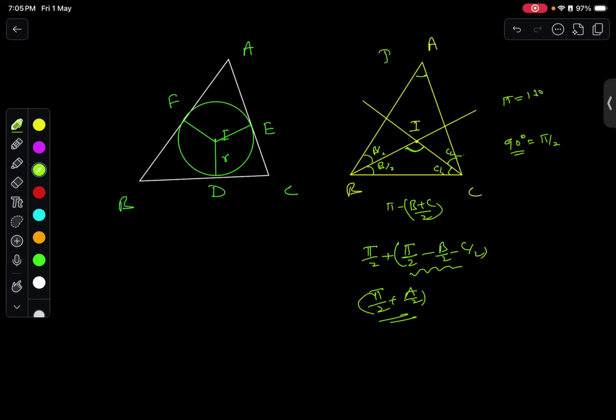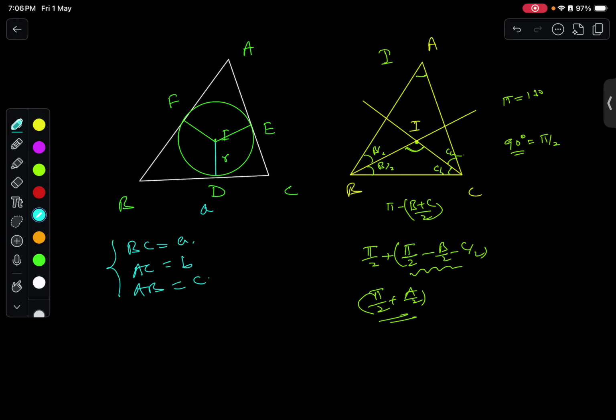Now coming back to the figure ABC, and this is r. Let the length of side BC be denoted as a, AC as b, and AB as c.